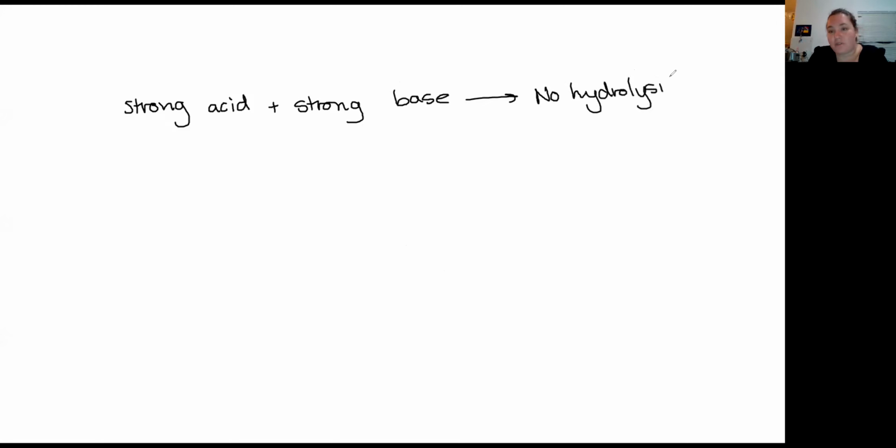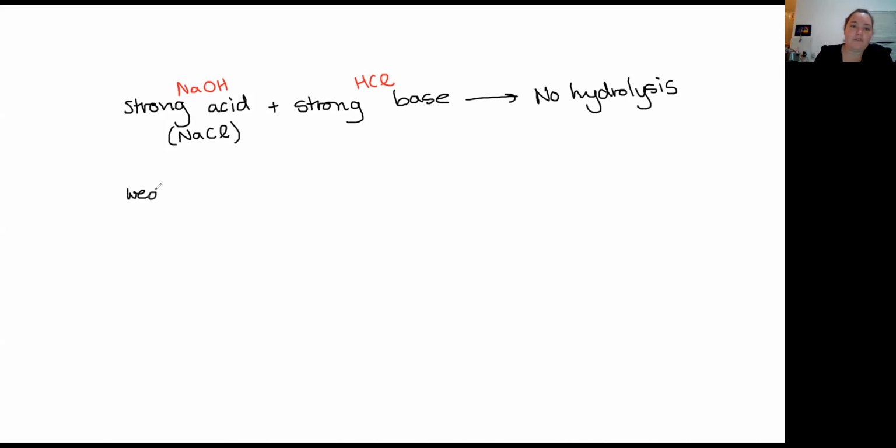So if anybody were to give you a question and say something like sodium chloride came from sodium hydroxide and hydrochloric acid, both the Na+ and the Cl- are weak, so no hydrolysis occurs.